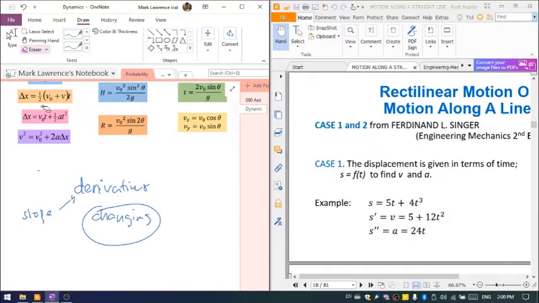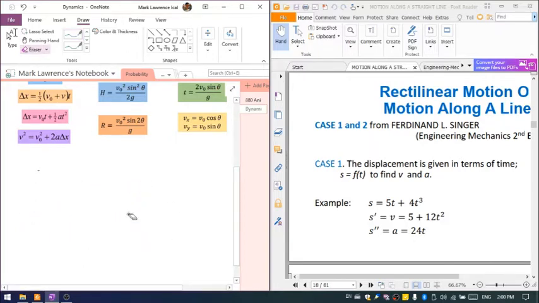Now, since we cannot use slope forms, or basically dy over dx, we use our differential functions. Okay, so let's say, for example, the position of a particle is given in terms of 5t plus 4t cubed. Okay, so again, remember, velocity is the change in displacement over the change in time, and acceleration is the change in velocity over the change in time.